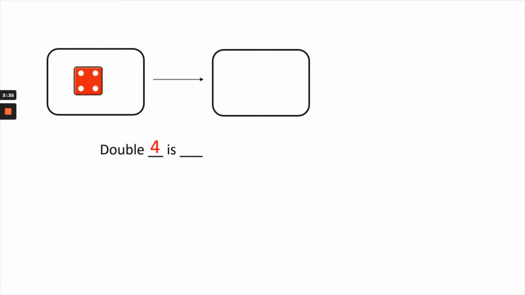So remember, to double something we need two lots of that number. We need to make two equal groups and add the same amount. So 4 and another lot of 4 equals 8. Our number sentence will be 4 add 4, or our written sentence will be double 4 is 8.